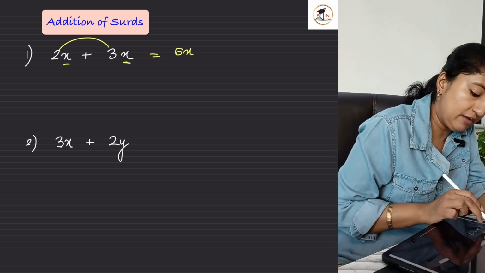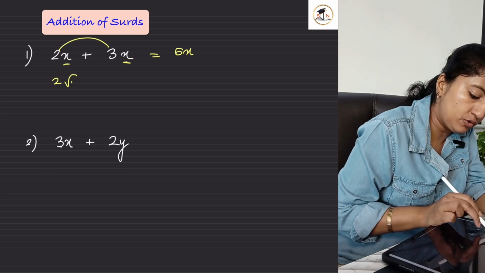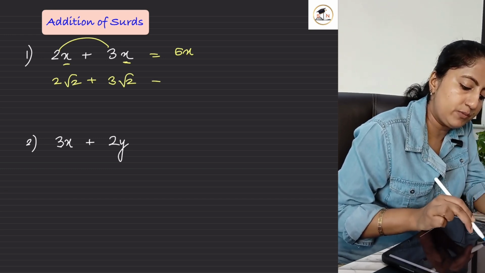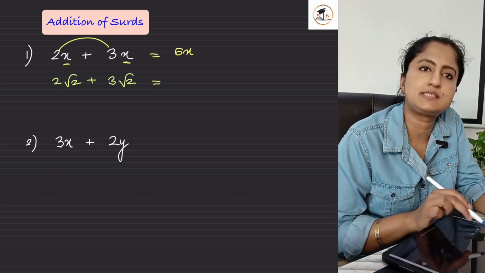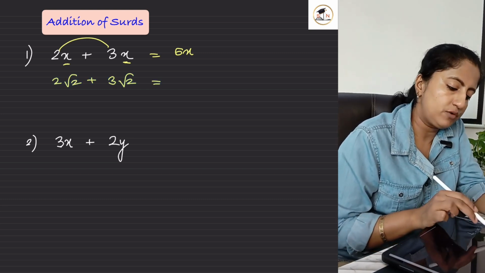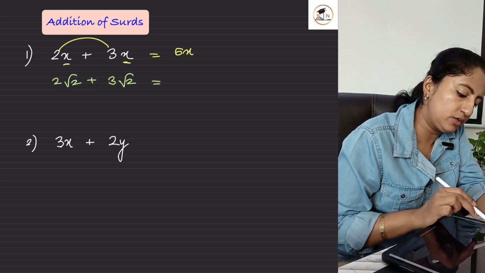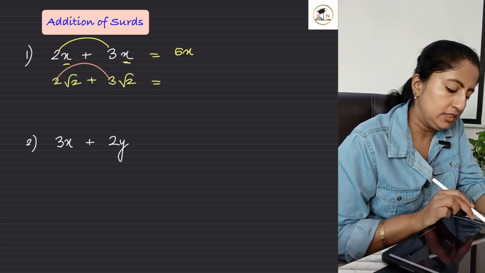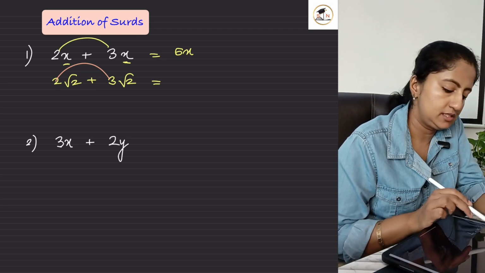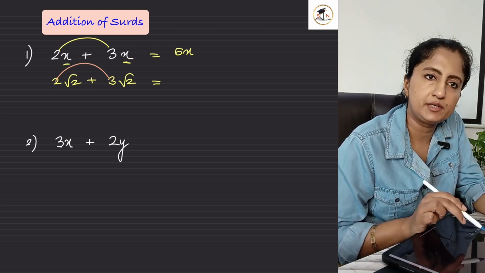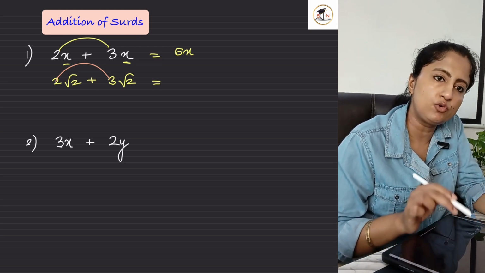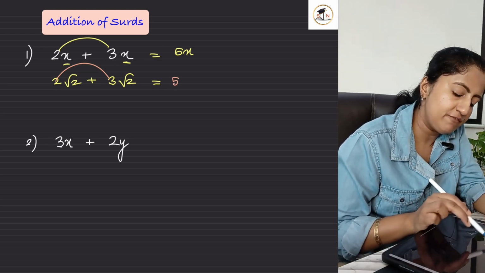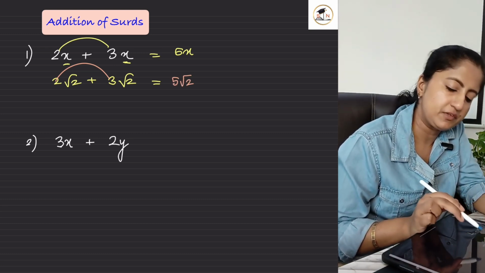Now, similarly, if I add 2 root 2 plus 3 root 2, what do we have over here? We have got the same root, right? So what we will do is just add the numbers written outside the root. These numbers are the rational parts. So we will add the rational components and we will get the root just beside them. So 2 plus 3 is 5, and we will have root 2 outside.